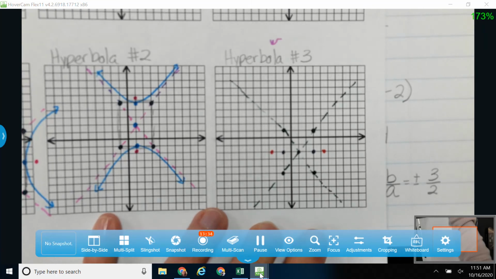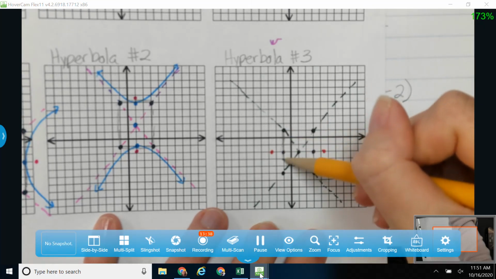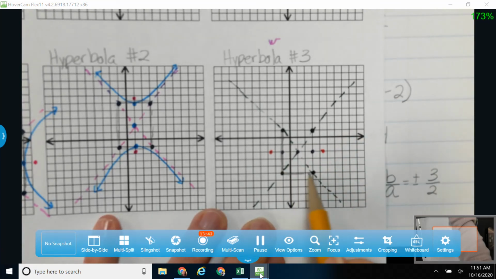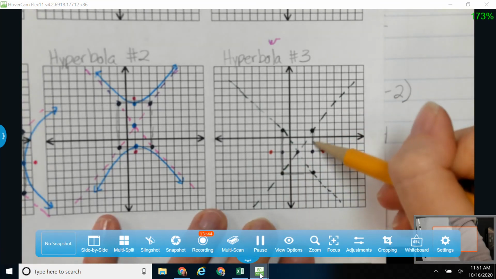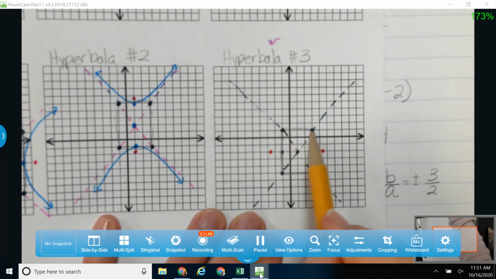And again, you don't have to draw this rectangle, but you want to check and make sure that those points came out to be lined up with your vertices there. If they didn't, then your slope might be upside down. If your vertices are not on that rectangle, your slope might be 2/3 and you might be upside down. So it's a good way to check.